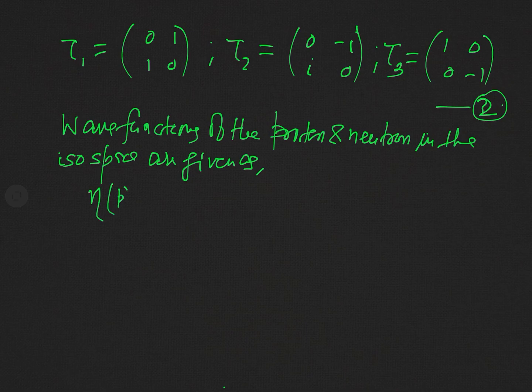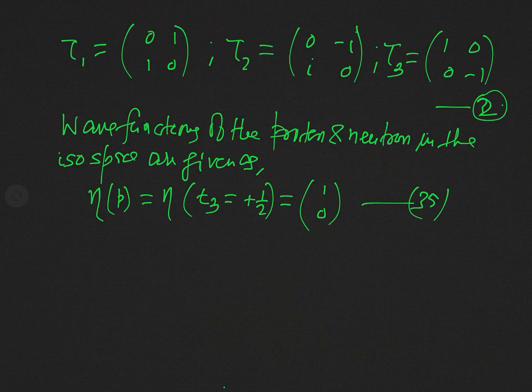The wave function for proton is written eta p, and you know for this eta, T3 is equal to plus half in accordance with our convention, and this is given by a column matrix 1 0.